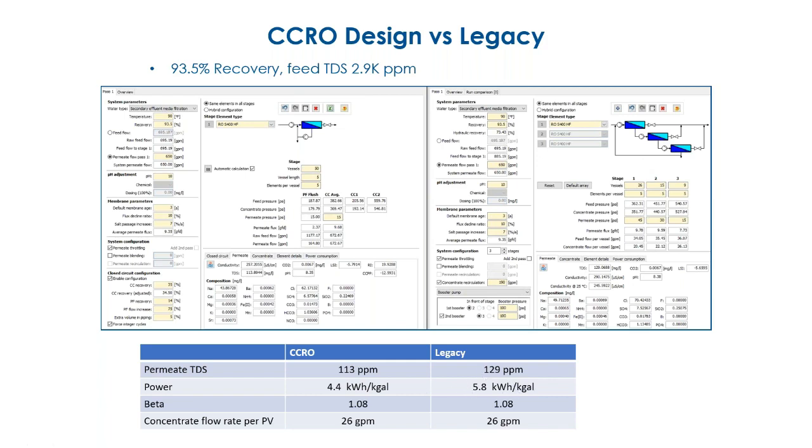And because of our semi-batch process, we have a much lower average pressure, and that translates into tremendous energy savings. So you can see the power savings, 4.4 versus 5.8.